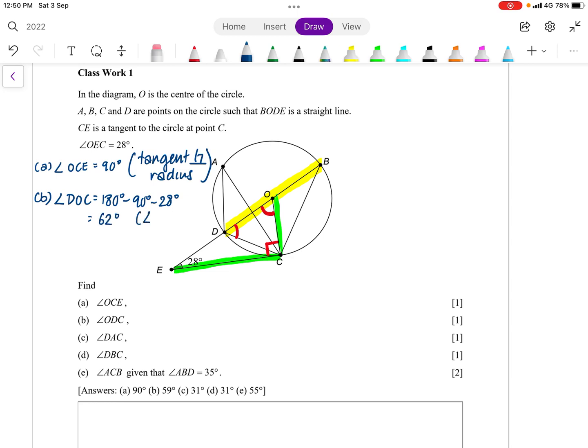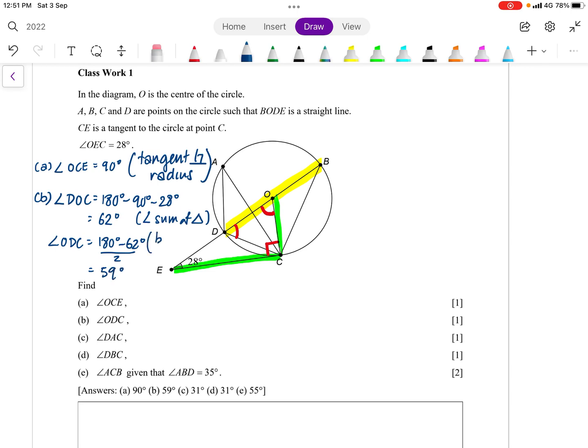Okay, so for this the reason will be angle sum of triangle. But that's not all, because they want ODC. So ODC is 180, take away 62, divided by 2, which is 59.